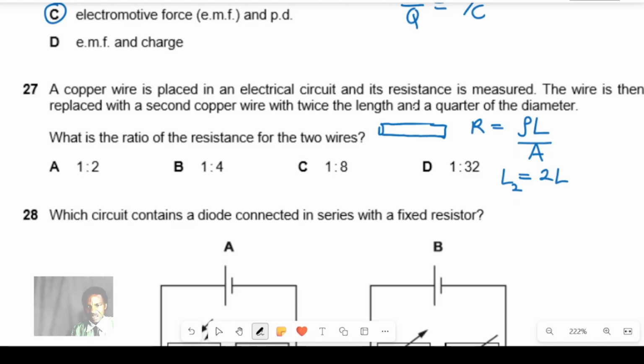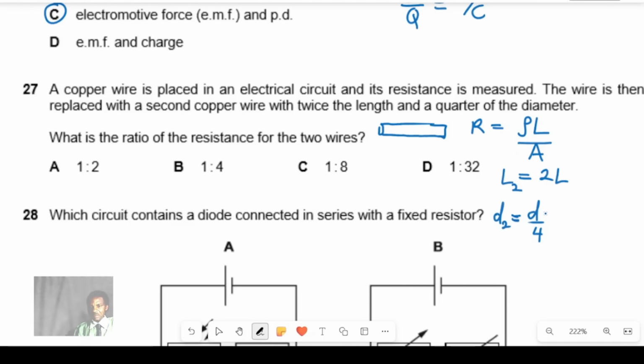And then a quarter of the diameter. So how is diameter related to area? Since we have a quarter of the diameter, that means d over 4, so d2 is equal to d over 4.